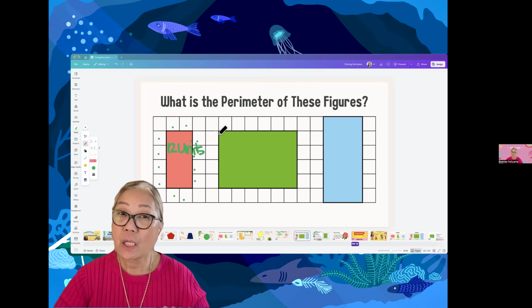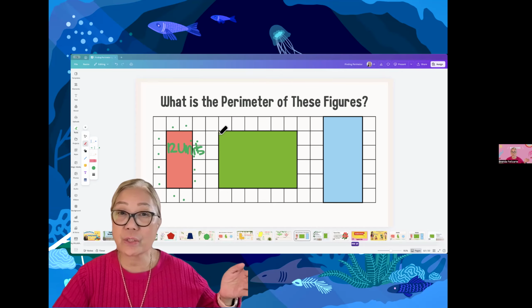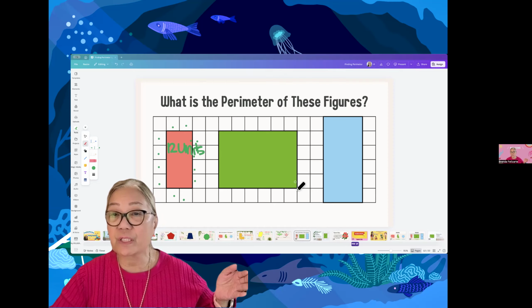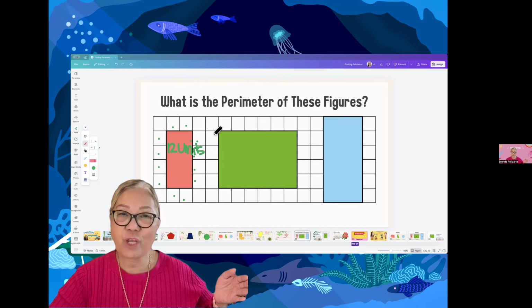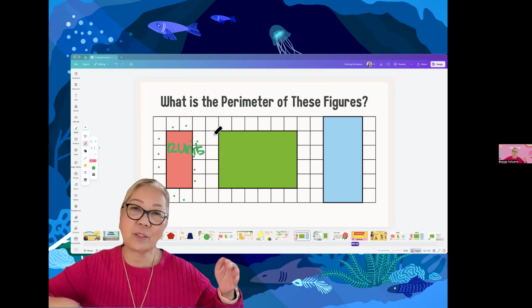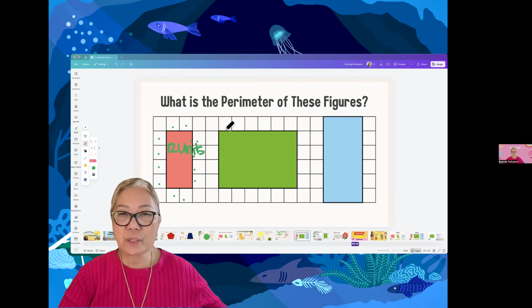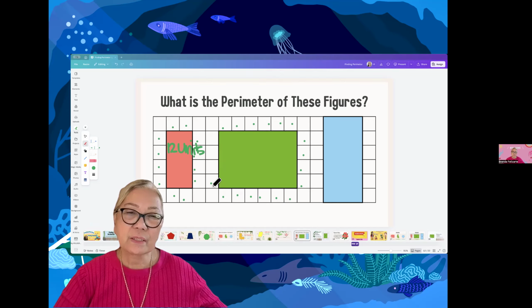So remember that perimeter is the distance around. It's like a fence. Fence is the distance around the figure. So in this case, you let them count. 1, 2, 3, 4, 5, 6, 7, 8, 9, 10, 11, 12, 13, 14, 15, 16, 17, 18, 19, 20.